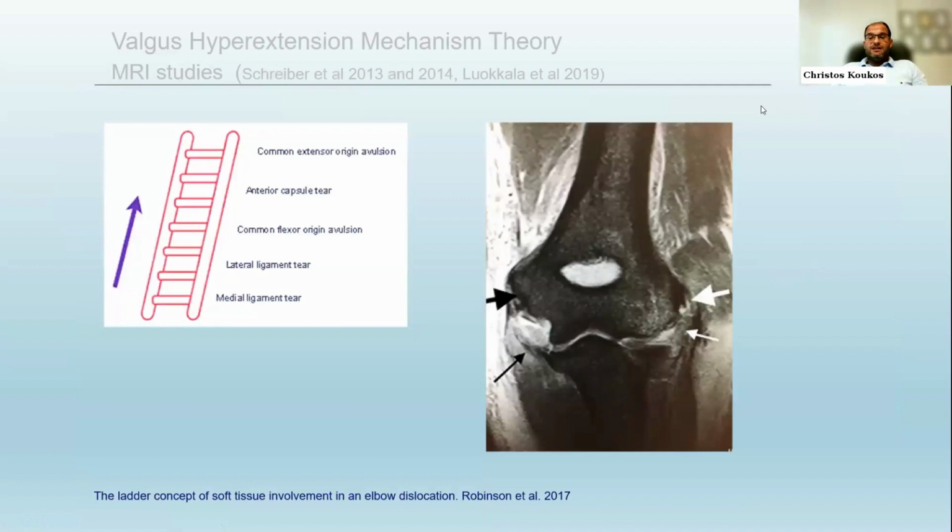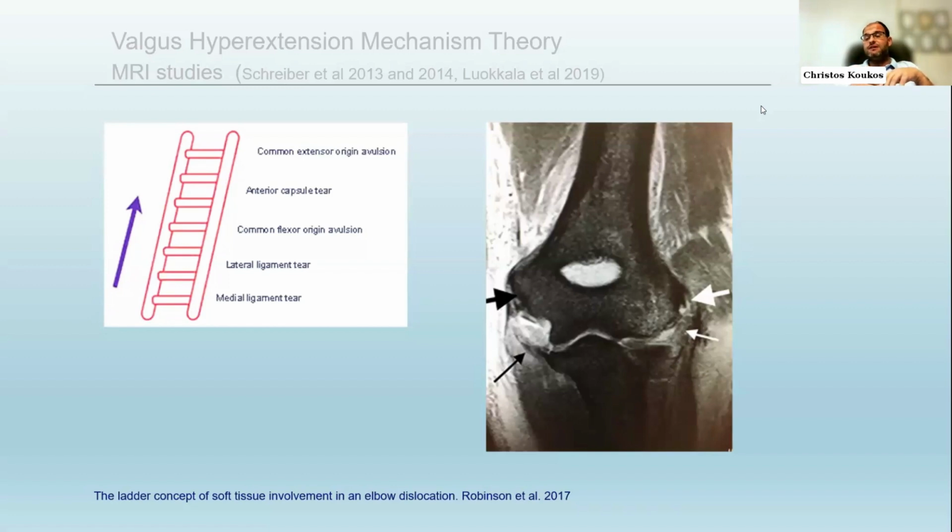There is, though, another theory that has been promoted more by MRI studies, which showed that the mechanism is a bit different. There is a valgus moment in hyperextension, the so-called valgus hyperextension mechanism.